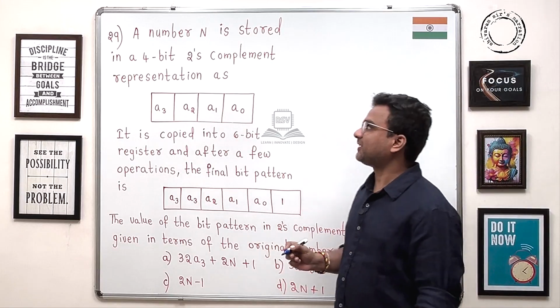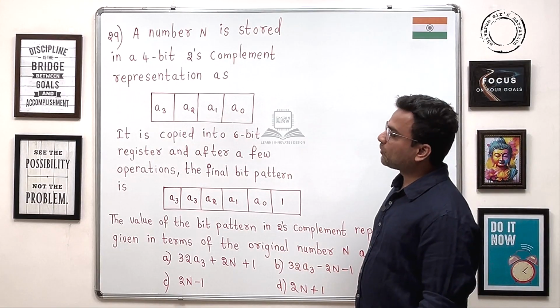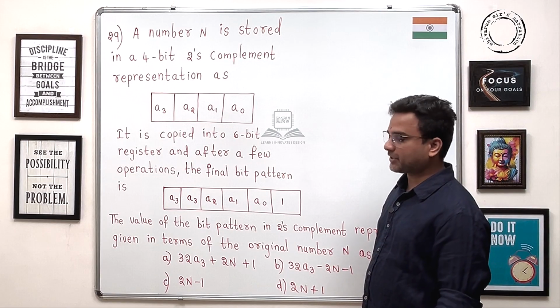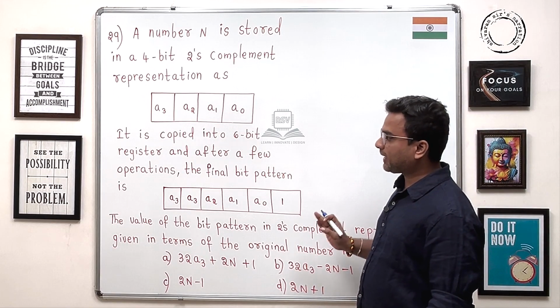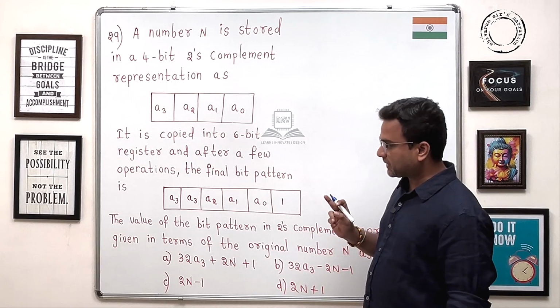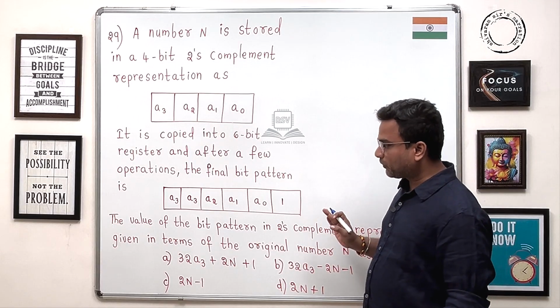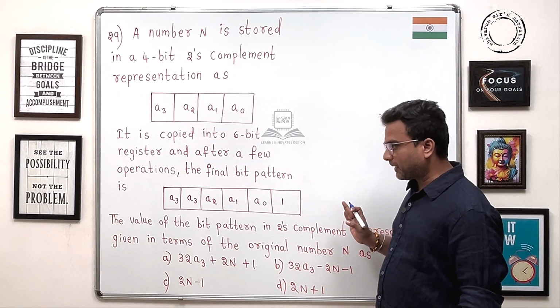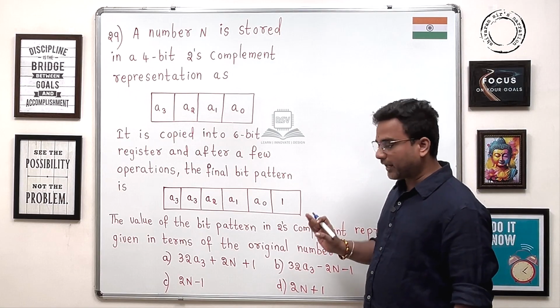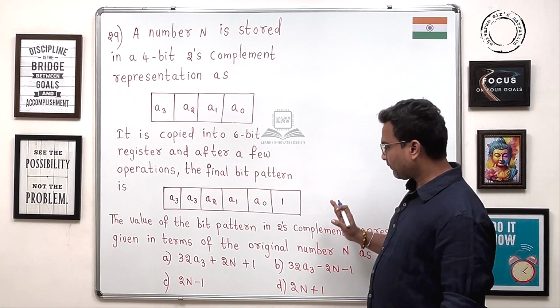Okay. Let's see another question. A number n is stored in a 4-bit 2's complement representation as A3, A2, A1, A0. It is copied into a 6-bit register and after a few operations, the final bit pattern is A3, A3, A2, A1, A0, 1.